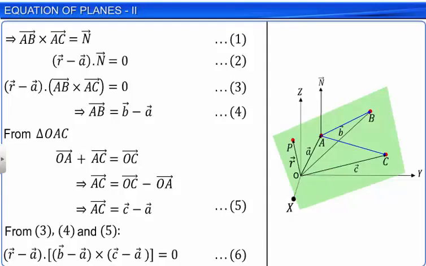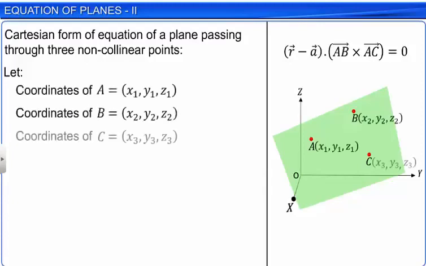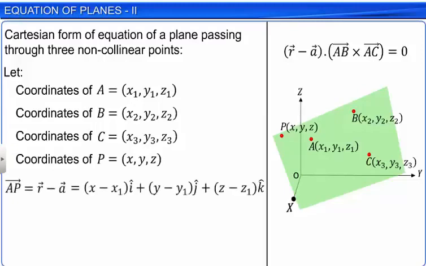Now, let us derive the Cartesian form of the equation of a plane passing through 3 non-collinear points. Let the coordinates of points A, B and C be as shown. Consider another point P on the given plane having the coordinates x, y and z. If the position vectors of points A and P are vector A and vector r respectively, then we can write vector AP as shown.